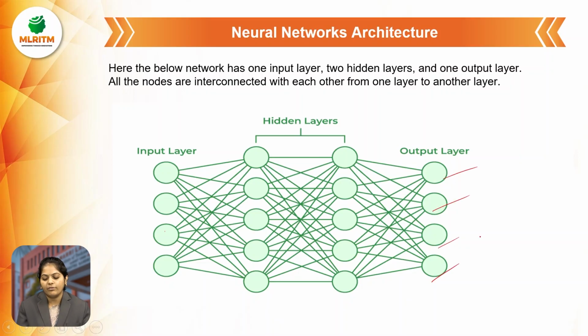Here we have four outputs, so that it will give the prediction from this output layer. The input layer takes the information, the hidden layer transfers the information, and that information gets displayed over the output layer. This is how a neural network architecture works.